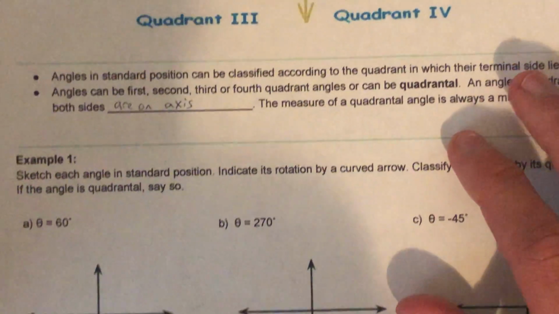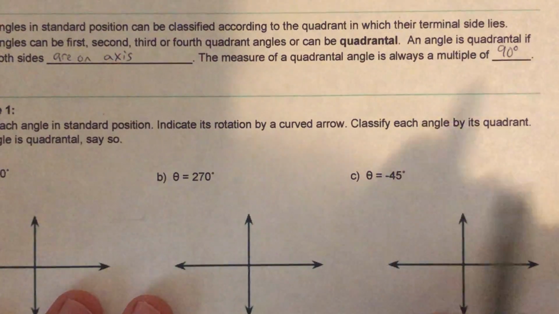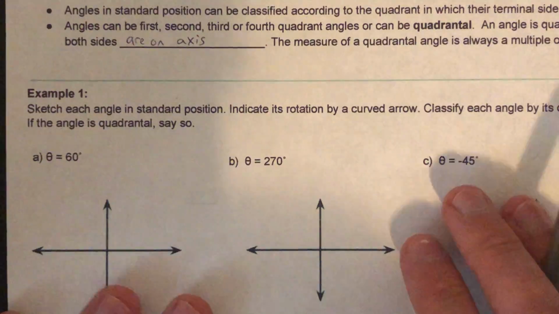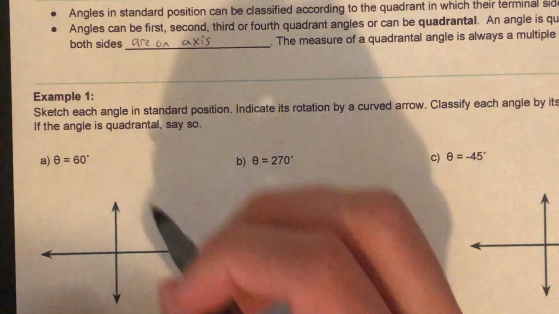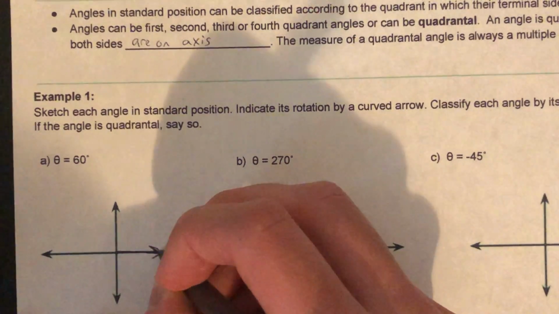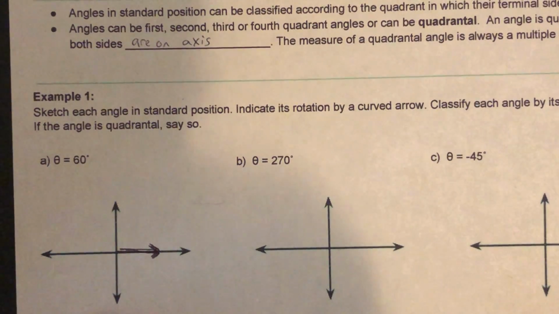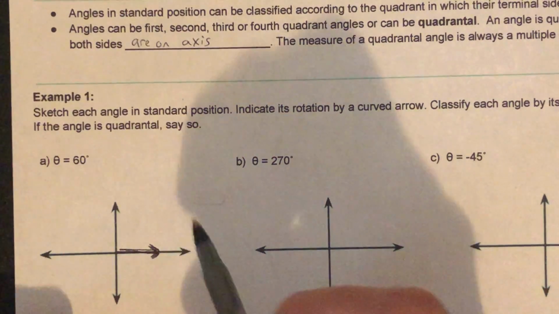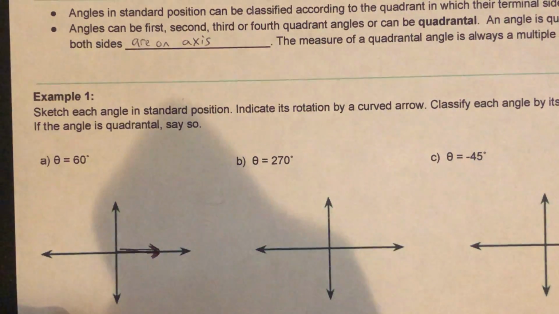We also want to classify each angle by its quadrant, unless it's quadrantal, in which case just say it is. So here we have a 60-degree angle. We're always starting in standard position, so our initial side will be on the positive x-axis. If it's a positive angle, remember we work counterclockwise.